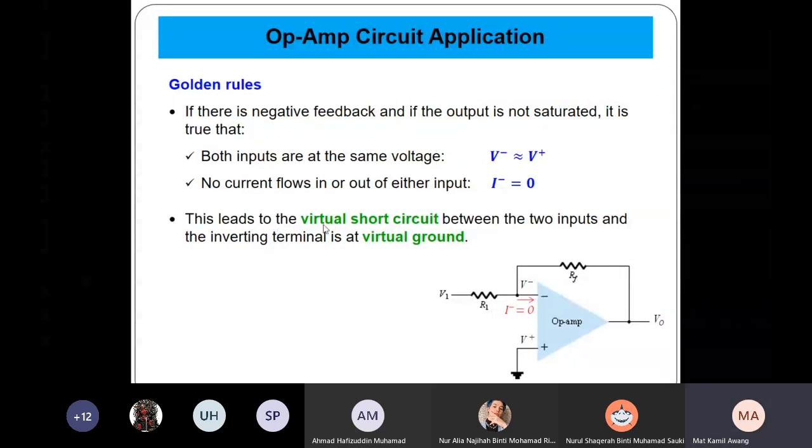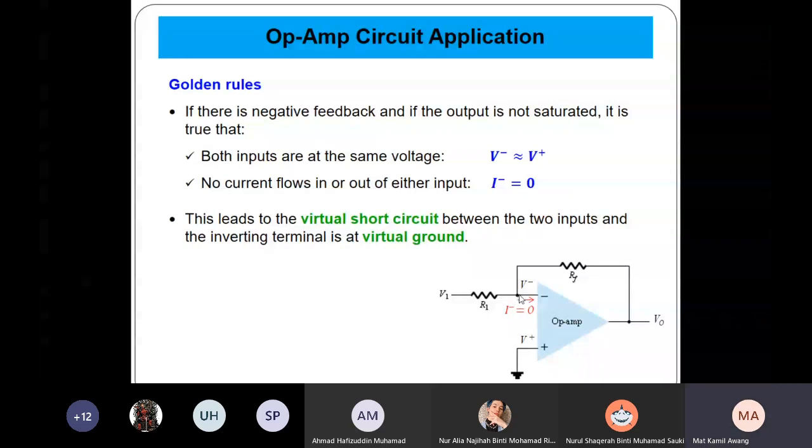This leads to a virtual short circuit between the two inputs, and the inverting terminal is at virtual ground. When V minus and V plus are almost equal, and there is no current flowing through this, this creates a ground at this node.